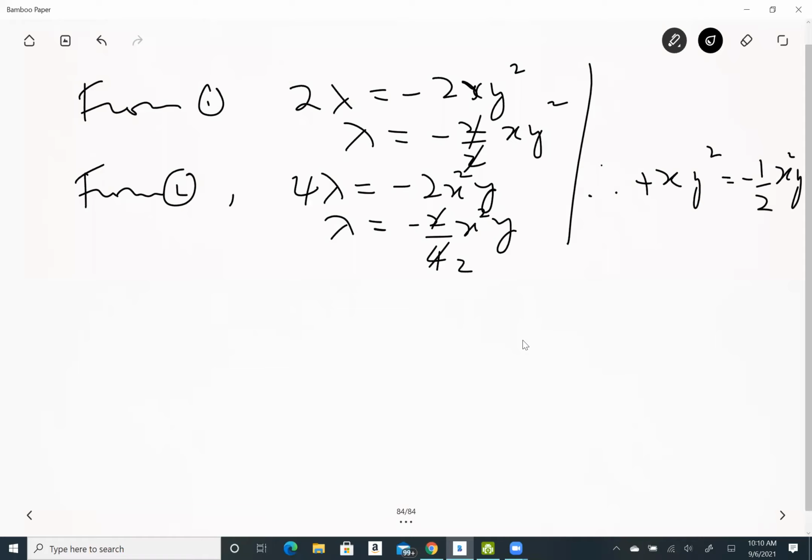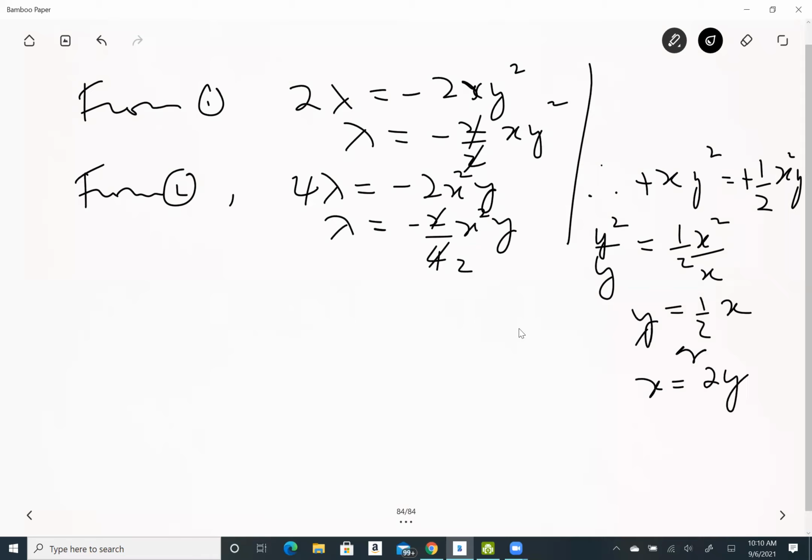Negative becomes positive. Then you bring the x to one side and y to the other: y squared over y equals 1 over 2 times x squared over x. So I get y equal to 1 over 2 x, or x equal to 2y.